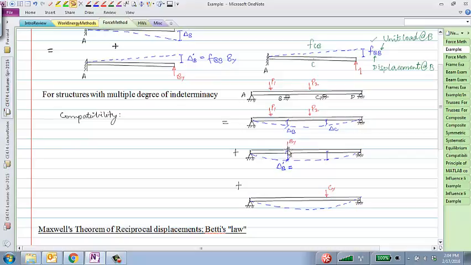Why is that? Because if I were to apply a unit load at this point, I would be able to calculate the displacement at this point. That would be FBB. And if I multiply that with By, I get the displacement at that point, right? Similarly, let me make sure that I'm using consistent notation here.